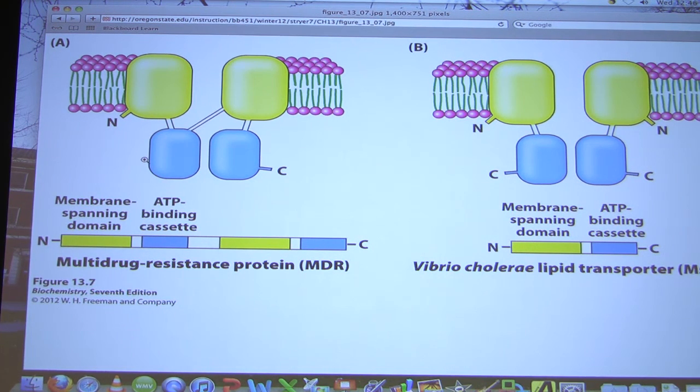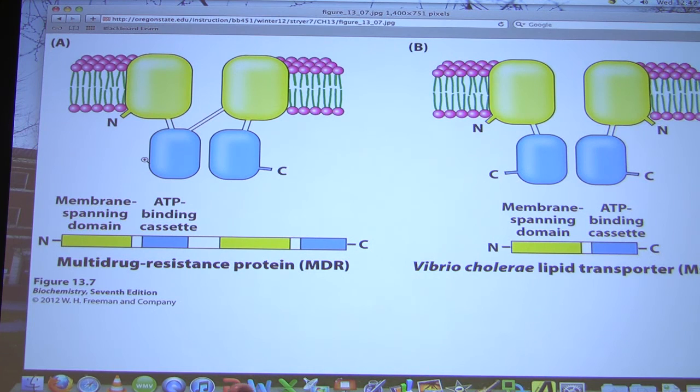Imagine that you are trying to kill a bacterium with an antibiotic, and the bacterium gets one of these transporters and has the ability to kick the antibiotic outside of itself where it needs to be inside to work. What's going to happen to the effectiveness of that antibiotic? It's going to go down, right?